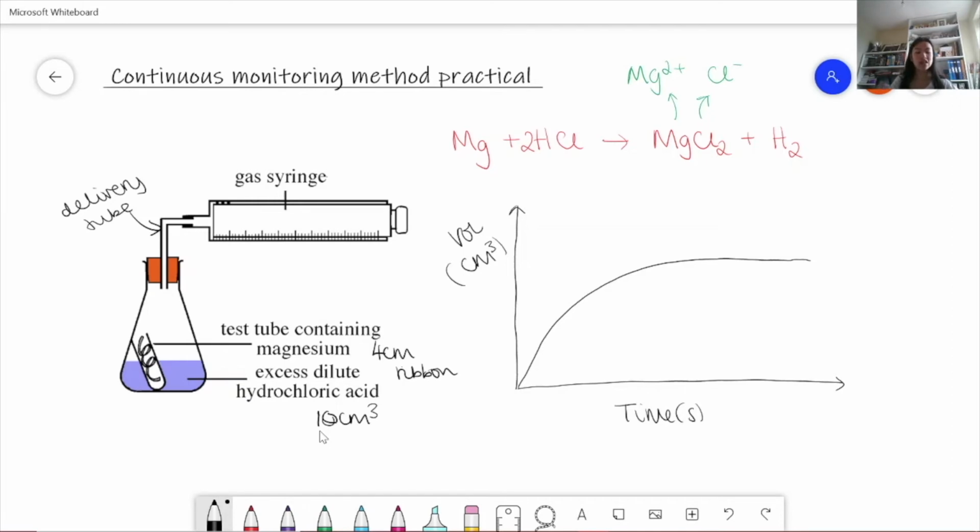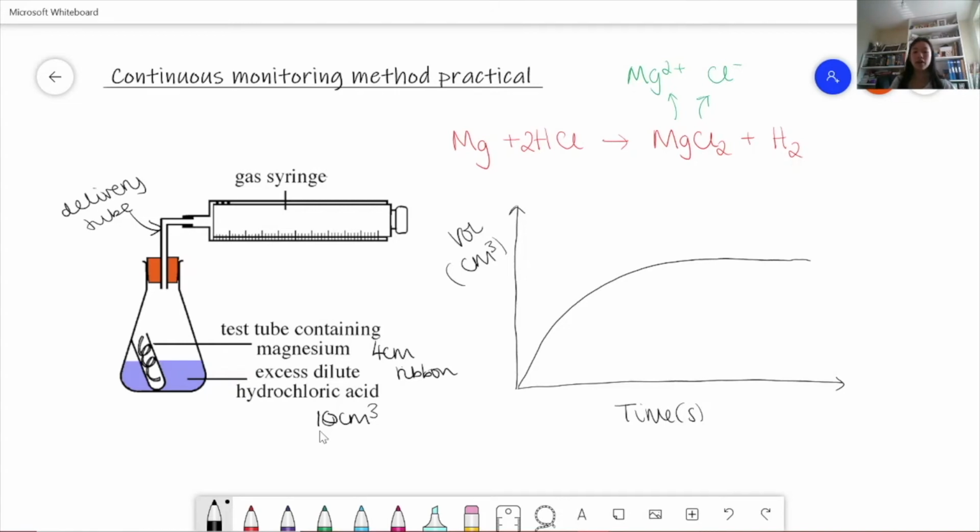And this is because there's lots of magnesium for the hydrochloric acid to react with. But then as the reaction continues, the rate here begins to slow. And this is because the amount of magnesium is less, so less of the hydrogen gas is produced. So when it levels out here, then we know that basically the reaction is done.